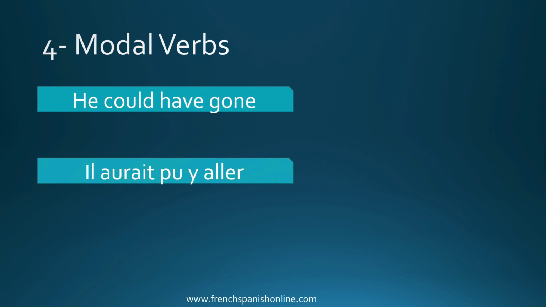So you need to say il aurait pu y aller. As you can see, could becomes the past participle in French, have becomes the auxiliary verb in the conditional mood, aurait, and gone is the infinitive. Il aurait pu y aller, to translate he could have gone.